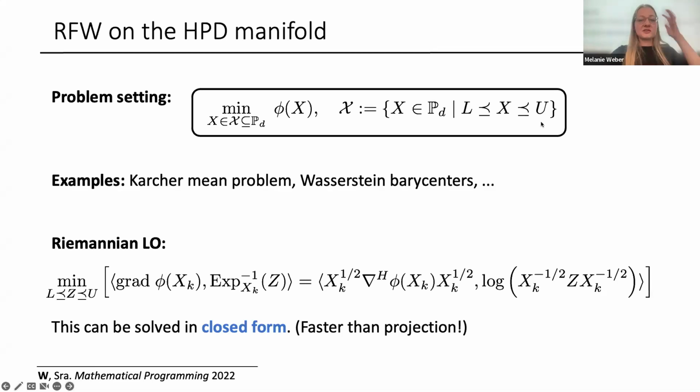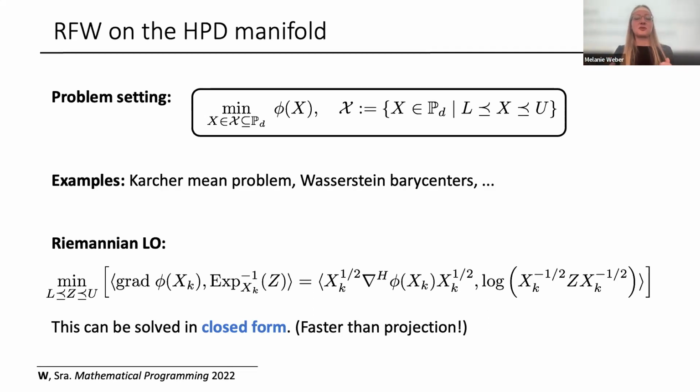Interval constraints on positive definite matrices mean, with respect to the Löwner order, that L is smaller or equal to X if X minus L has non-negative eigenvalues. That introduces a partial order relation on the positive definite matrices, which we can use to define interval constraints. A lot of the problems that we've seen earlier on the slide, the barycenter problem and also the Brascamp-Lieb constants, turn out to be exactly of this form.